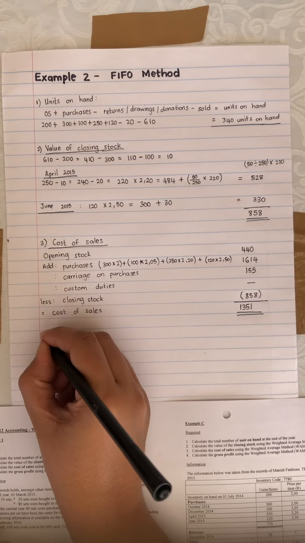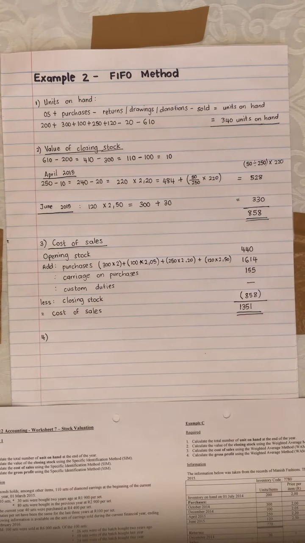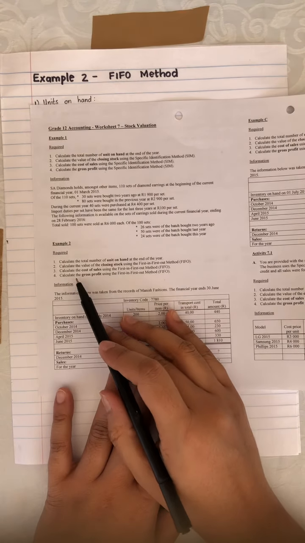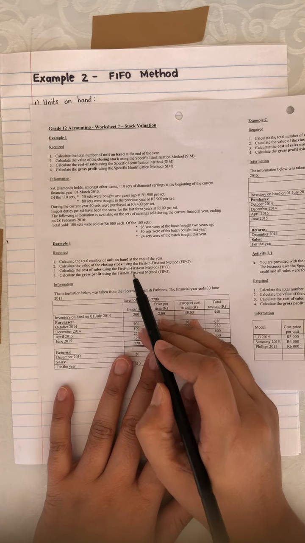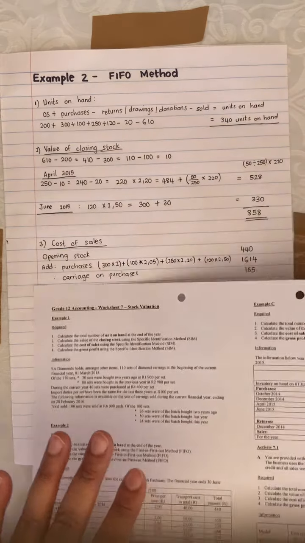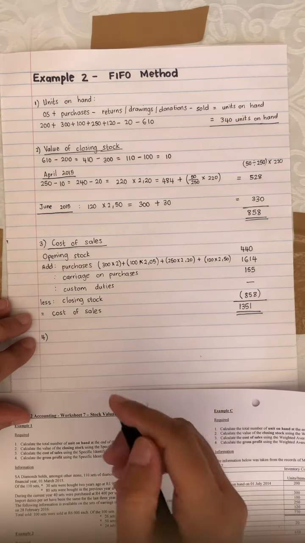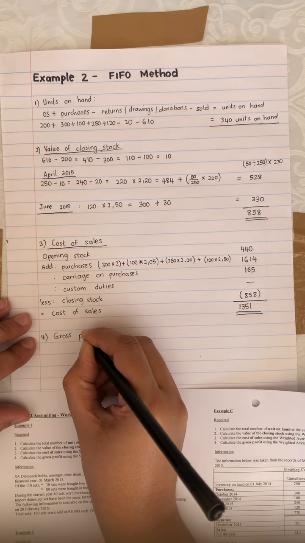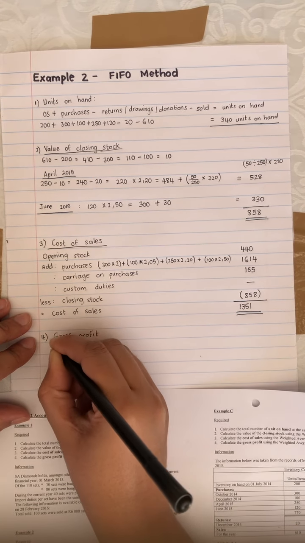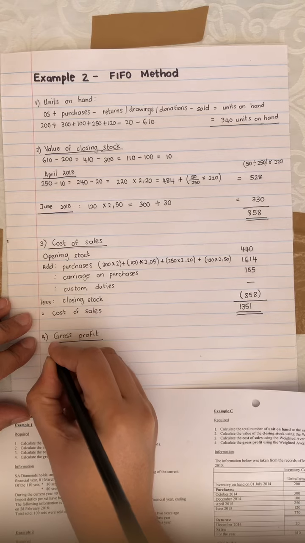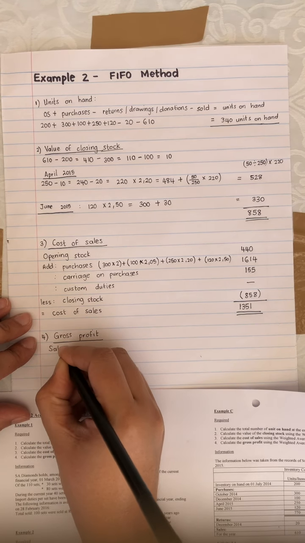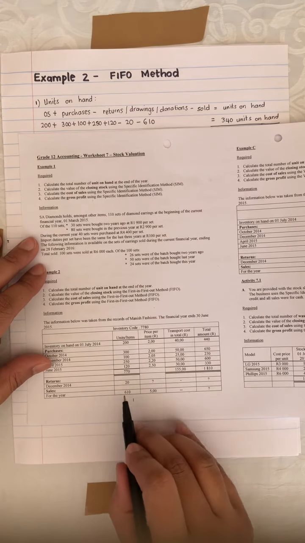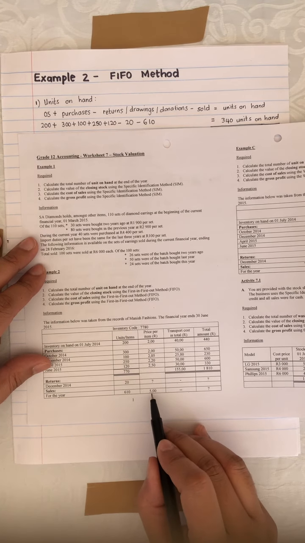Let's do the last one for the FIFO method. The last one in the FIFO method, number 4, is asking us to calculate the gross profit using the FIFO method, exactly like we did with the previous method. Your gross profit is your sales minus your cost of sales. So let's start with our sales. And to get to sales, we obviously need to see how much we sold at what price.